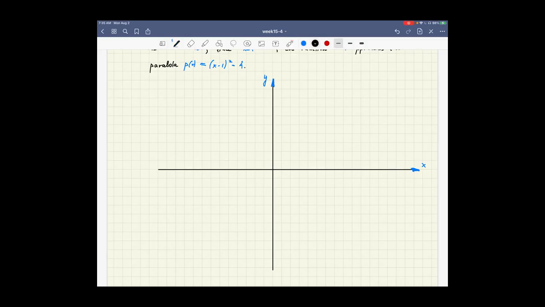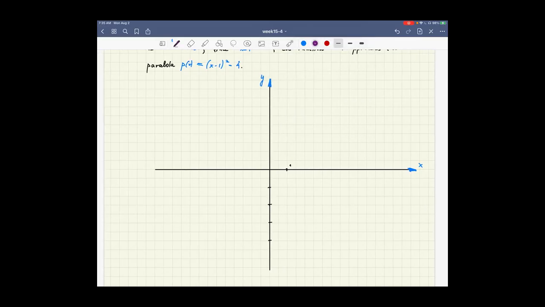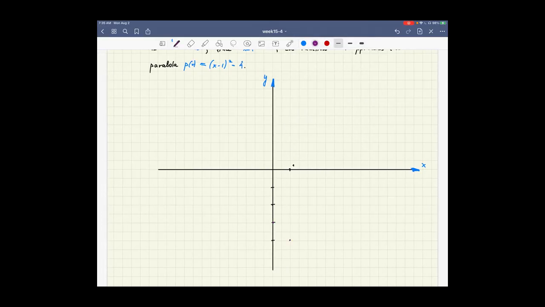Okay, so let's say this is 1, -1, -2, -3, -4. And so that's our parabola. Roots are 3 and -1.